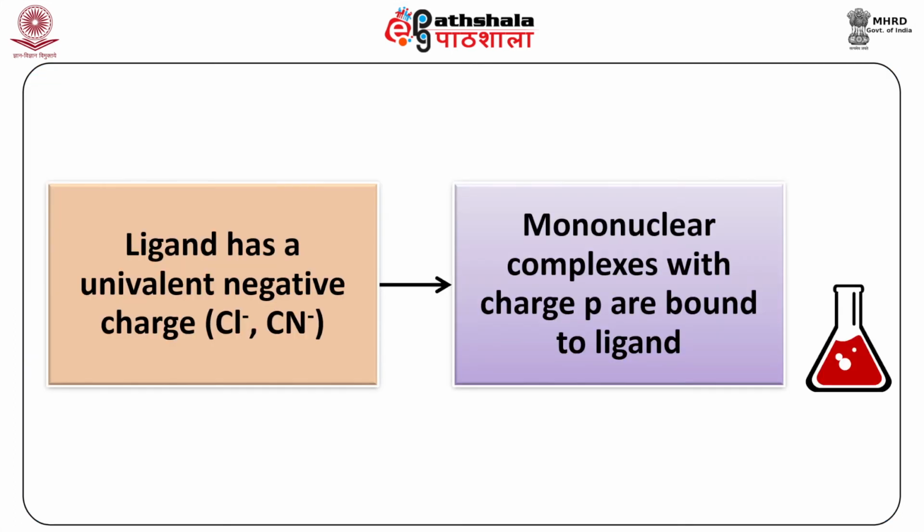That is, the negatively charged complex can replace the anions in the anion exchange resin, assuming that the ligand has a univalent charge like chloride ion, cyanide ion with one negative charge, and among all the species formed with the metal ion, only the mononuclear complex with charge p is bound to the ligand.